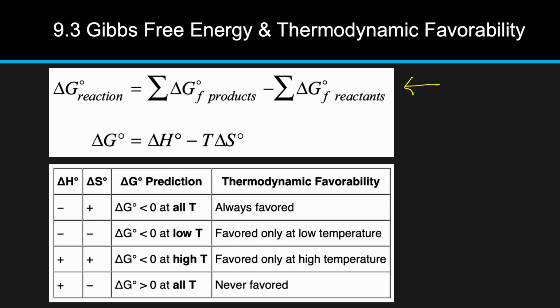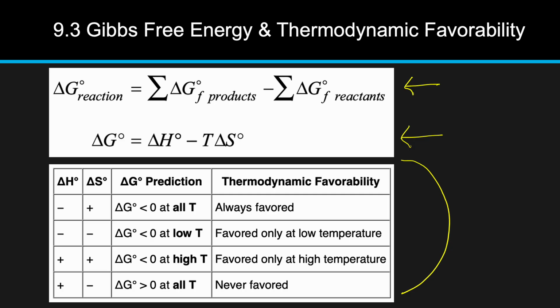Now, this equation here, delta G equals delta H minus T times delta S, is what we're going to use to really understand all of the scenarios that we just went over. And if you are taking notes, I highly recommend writing in this table here, which summarizes all four scenarios in relationship to delta H and delta S and how that affects delta G.